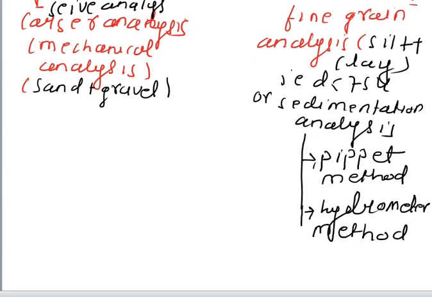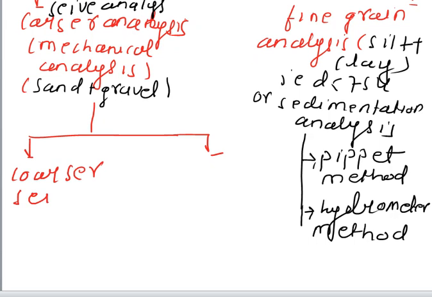Hence, let's complete the flowchart. So this is sieve analysis. Now there are two types of sieving: coarser sieving and fine sieving.